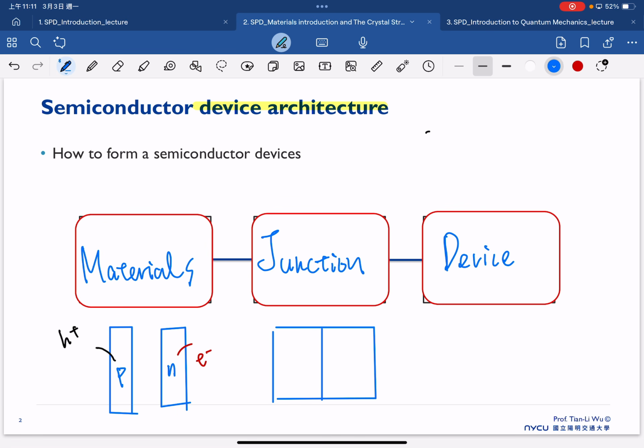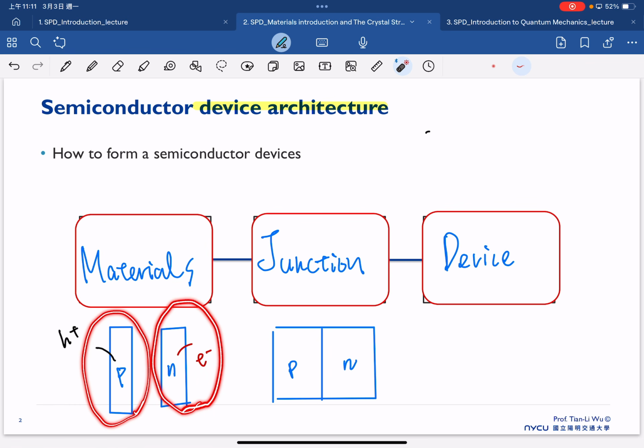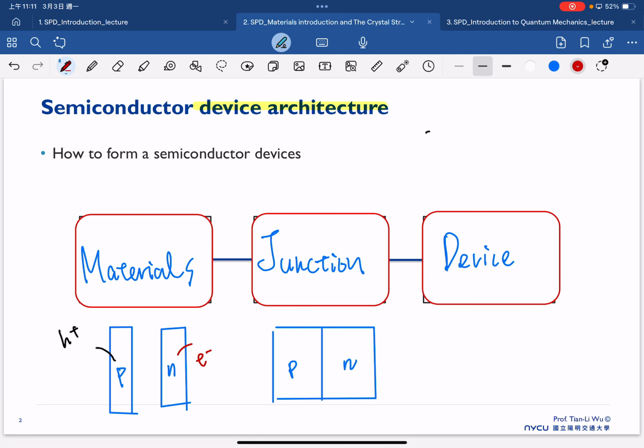So we can form this. We put these 2 different semiconductor materials together, and once we put them together, the most interesting part will be the interface between these 2 materials, and that's what we call a junction.